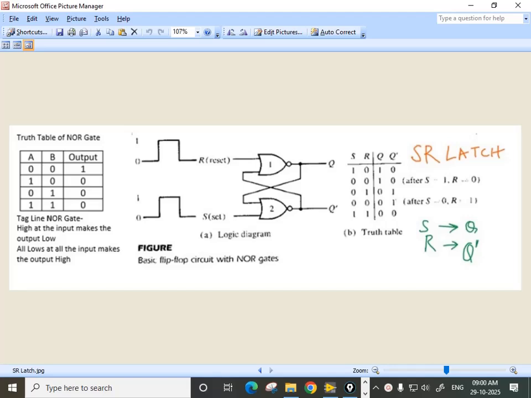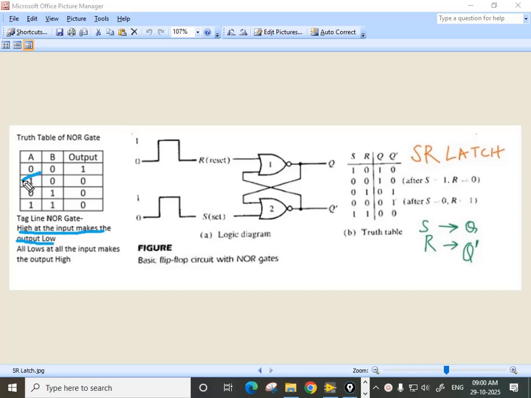So let's now see the working of SR latch, which is made using the NOR gates. So we have to understand the working of NOR gate first. The NOR gate has the tagline that high at the input makes the output low.